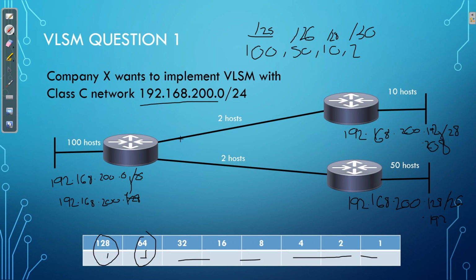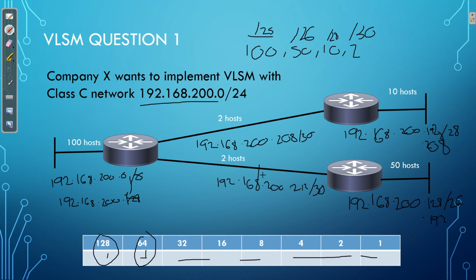So that means the next available subnet is going to be 192.168.200.208/30. And then if we add 4 to this, that gives me 192.168.200.212/30. So again, that's my next available subnet ID, which I can assign to this point-to-point link over here.